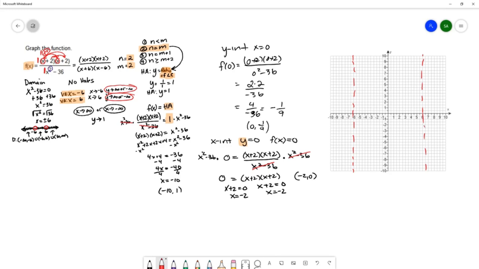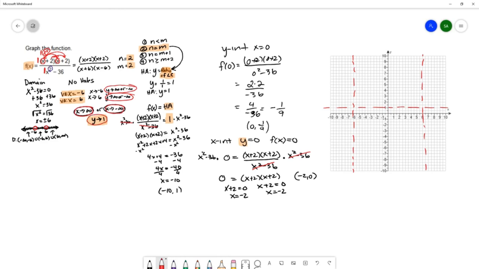Then we also had a horizontal asymptote. The horizontal asymptote is at y equals 1. So I'll draw a horizontal dashed line at y equals 1. So we have to remember the definition of a horizontal asymptote. As x approaches infinity or negative infinity, y will approach that asymptote.